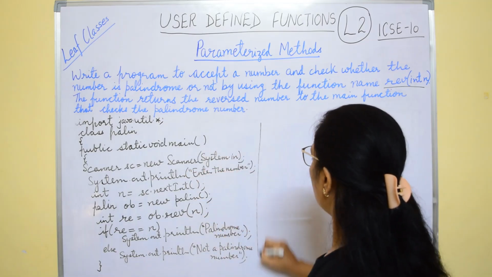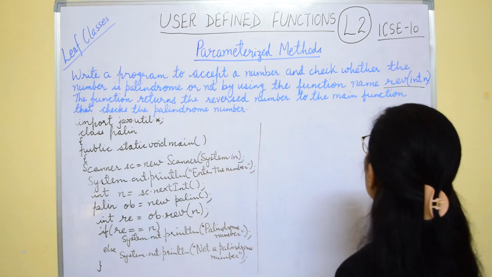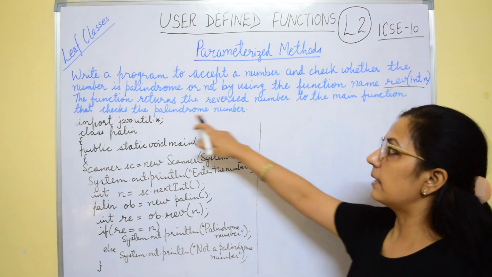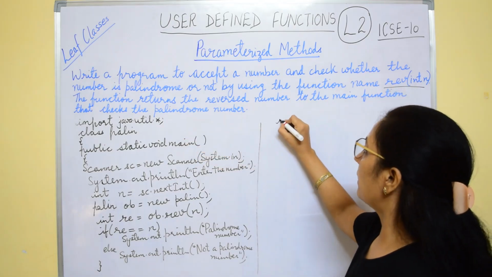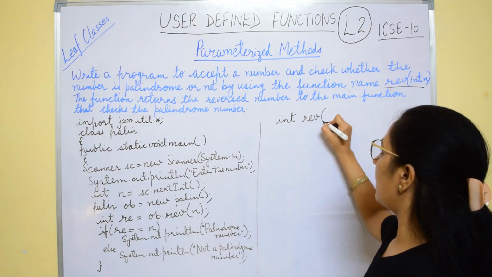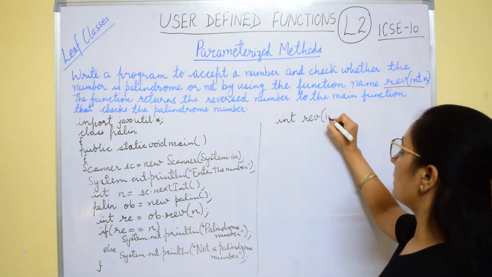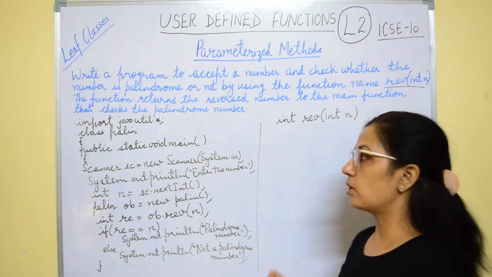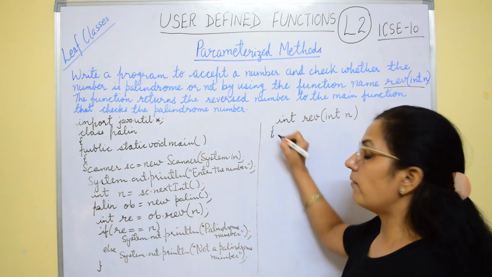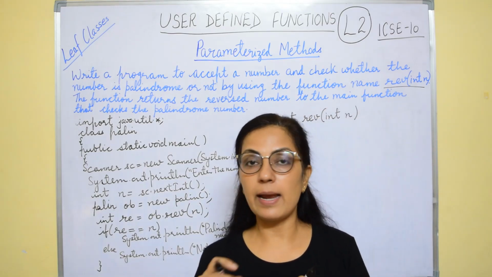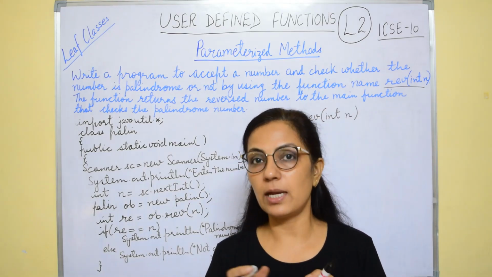So after this we will be using the rev function since it is returning a value. So the return type is int, the function name is rev, the argument type is int and the variable name given in the question is n. Now we have already done the program of palindrome. So here I will not be telling you the logic in detail.